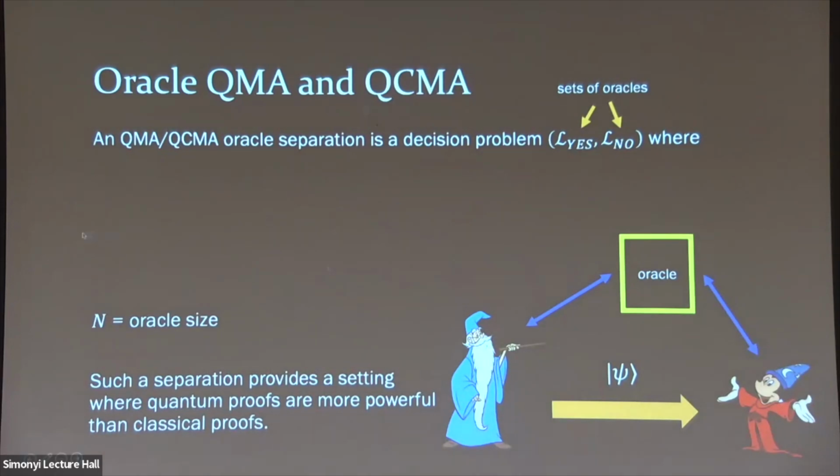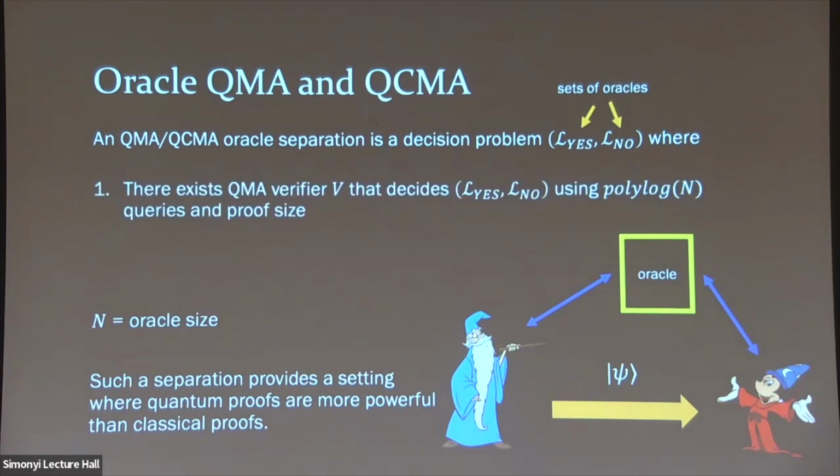So what is an oracle separation between these two classes? It's a decision problem, but now the yes and no instances are not sets of strings, but they're sets of oracles. And a separation would mean that there is some QMA verifier that decides between yes and no instances of oracles using, let's say, polylog capital N queries and proof size.